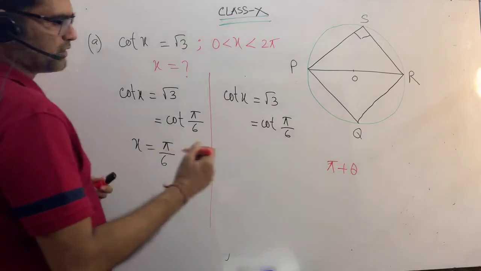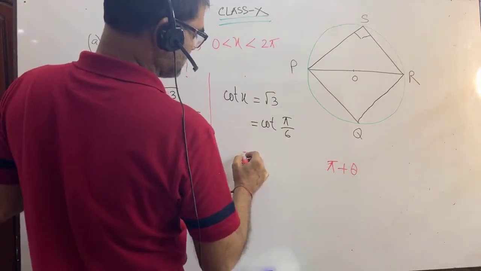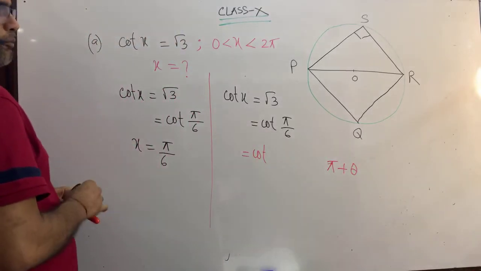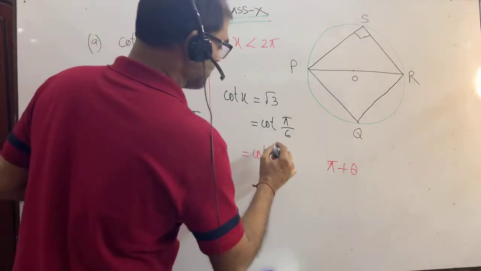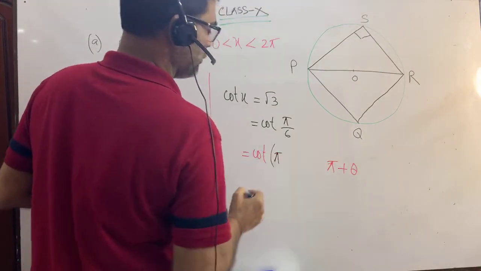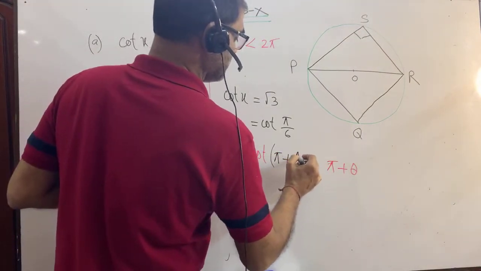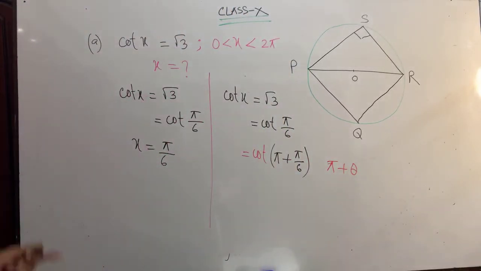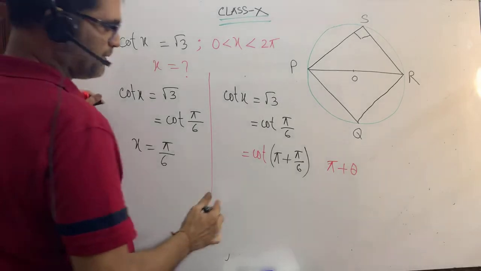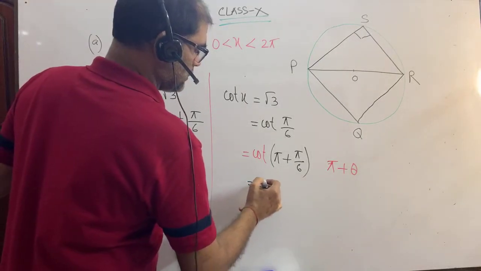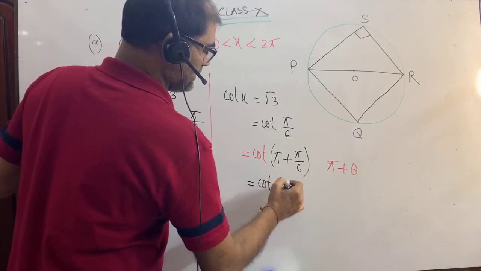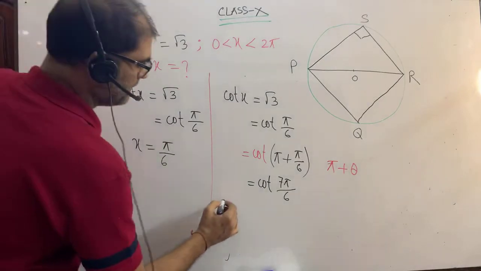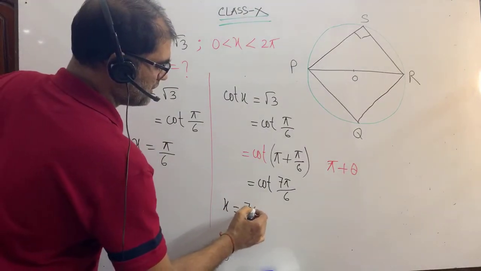So for the third quadrant, pi plus theta. What is pi? This is pi. What is theta? Here pi by 6 is theta. Actually what we are getting here is cot 7 pi by 6. So we are getting x equals 7 pi by 6.